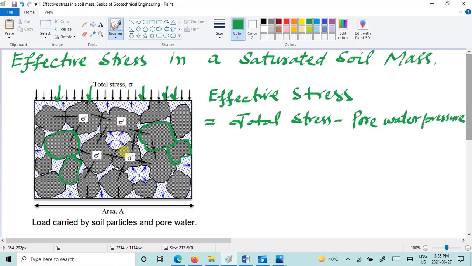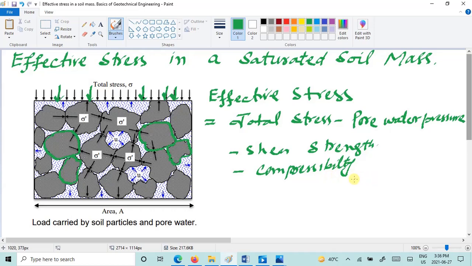Now, the rate of drainage depends on the permeability of the soil, and the engineering behavior involving the shear strength and the compressibility of the soil depend on the intensity of the stresses passing through the solid granular fabric of the soil.